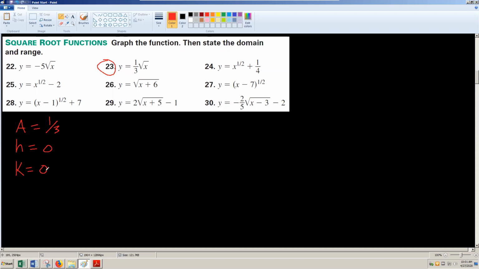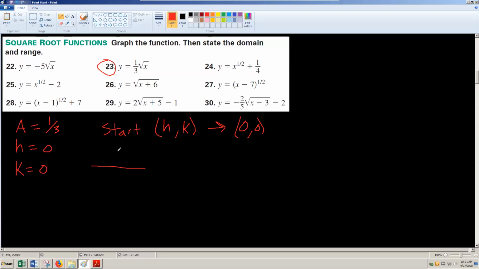So I'm going to start at the point H, K. So when I'm plugging in this value, what I'm basically saying is 0 out whatever this thing is doing, and then this is going to be the vertical shift on that. So this is going to start at 0, 0. So that's going to be my first point.